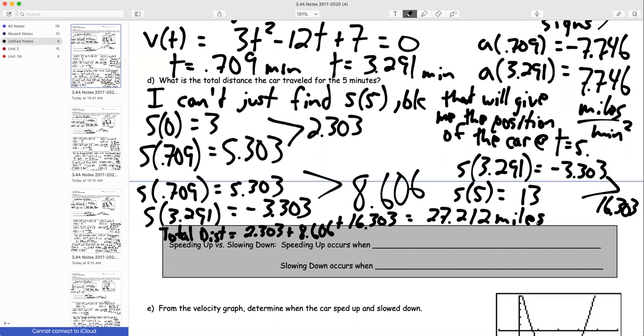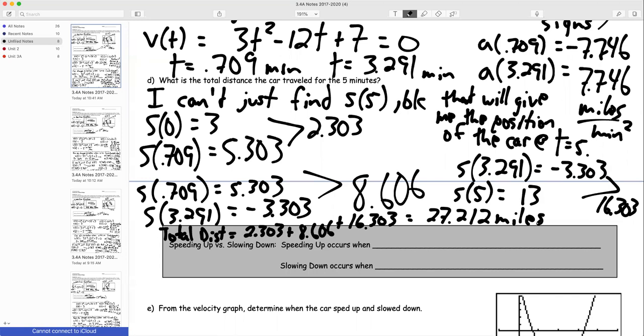Jackson is representing the velocity. I am representing the acceleration. Okay, so if Jackson, as the velocity, is moving to the right, and I am also moving to the right, we are both moving to the right, he is speeding up. Now move to the left.